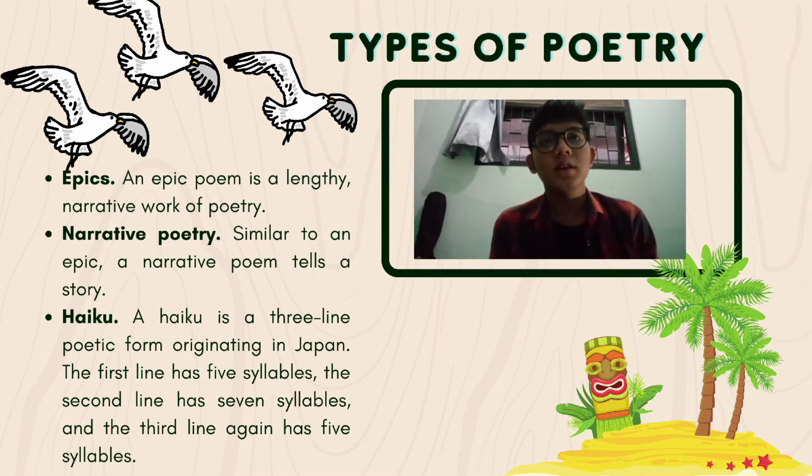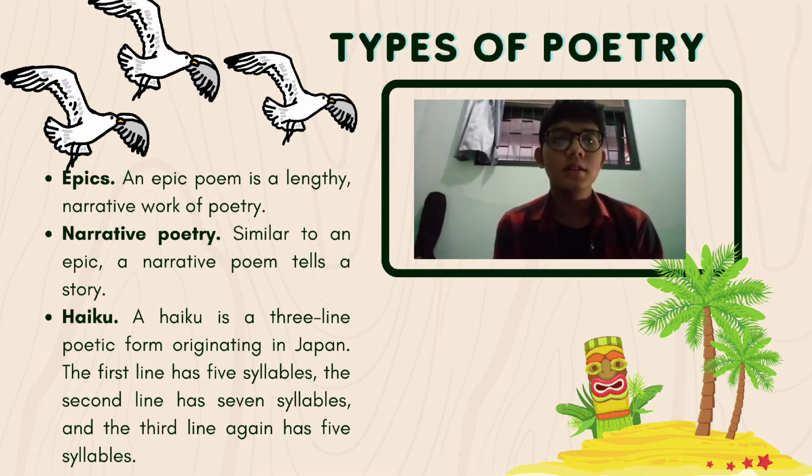What is an epic? An epic poem is a lengthy narrative work of poetry. These long poems typically detail extraordinary feats and adventures of characters from a distant past. The word epic comes from the ancient Greek term epos, which means story, word, poem.